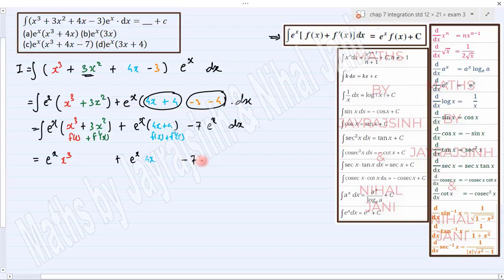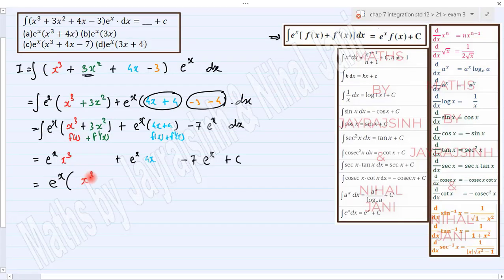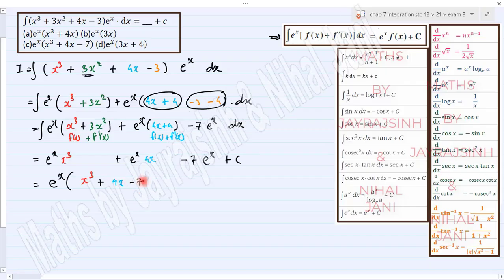Minus 7 will be as it is. Integration of e raised to x will be e raised to x plus c. For further simplification, we can take e raised to x common. So we will get e raised to x into x cube plus 4x minus 7 plus c, which is given in option C. Ta-da!